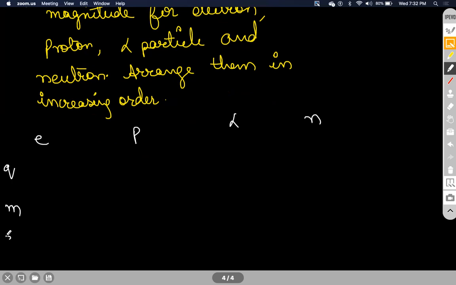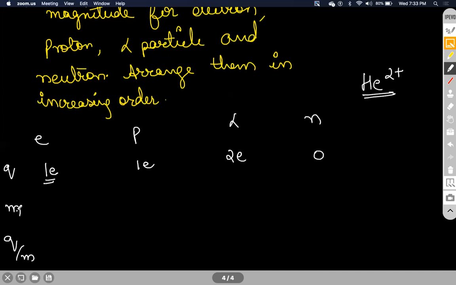I need to calculate Q by M. Q of electron is 1 unit in magnitude; the actual charge is -1, but if I assume it as 1 E, then proton is also 1 E, the same in magnitude. But alpha is helium 2 plus ion, meaning 2 plus charge. So alpha will be positive 2E.